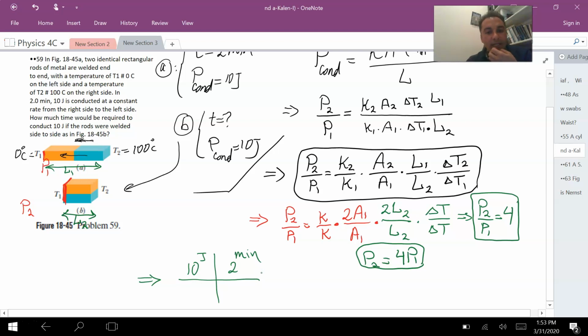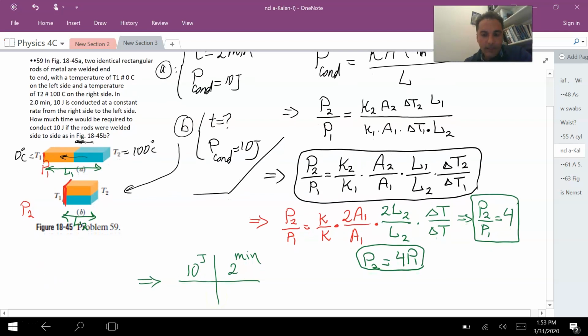No, actually, in elementary school. 10 joules is in 2 minutes. So this is P1. Then what will P2 be? P2 is 4 times P1.